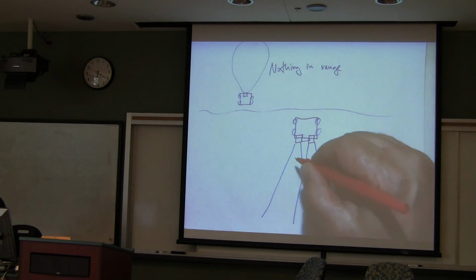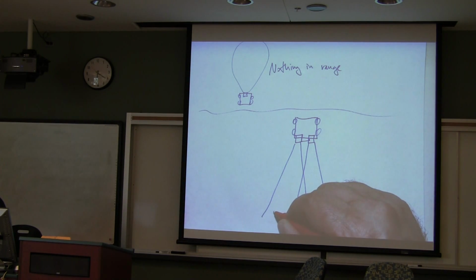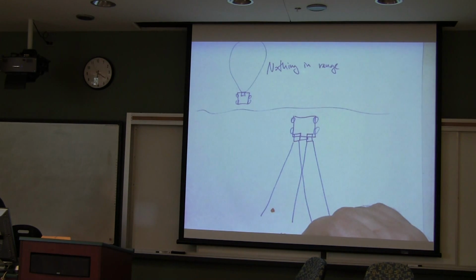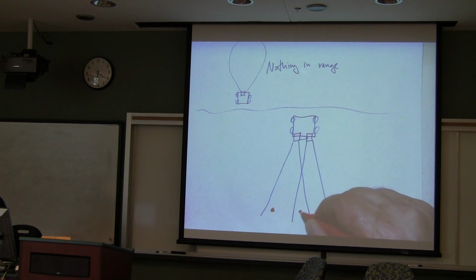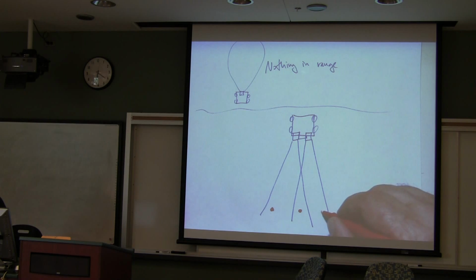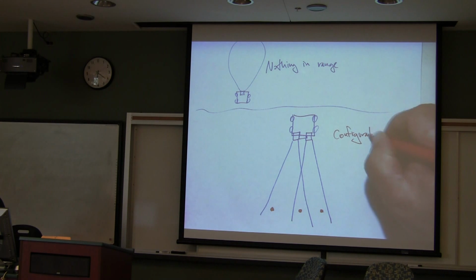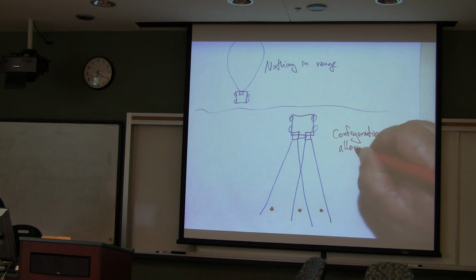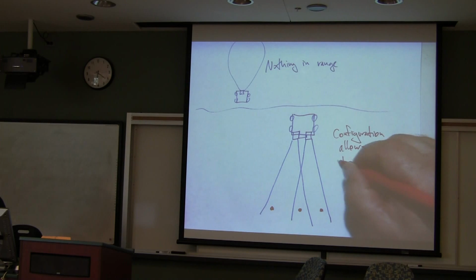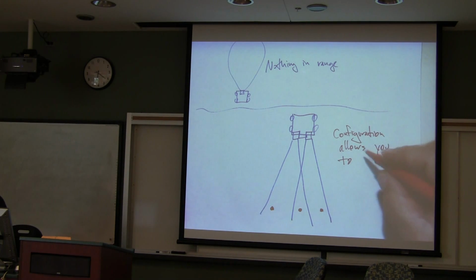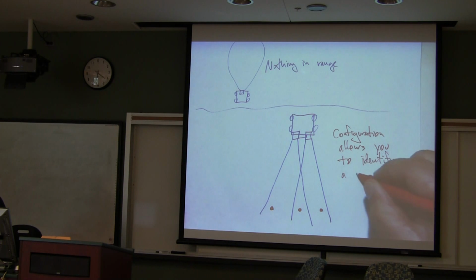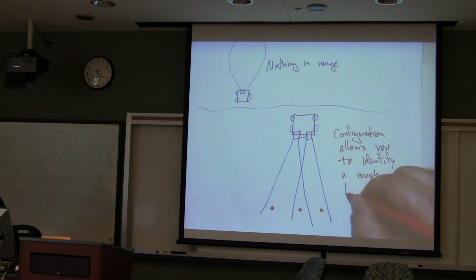If there were an object here, it would only be seen in one of the beams. If something was here, it would be seen in both. If something were here, it would only be seen in this one. And this configuration allows you to at least identify a rough location.